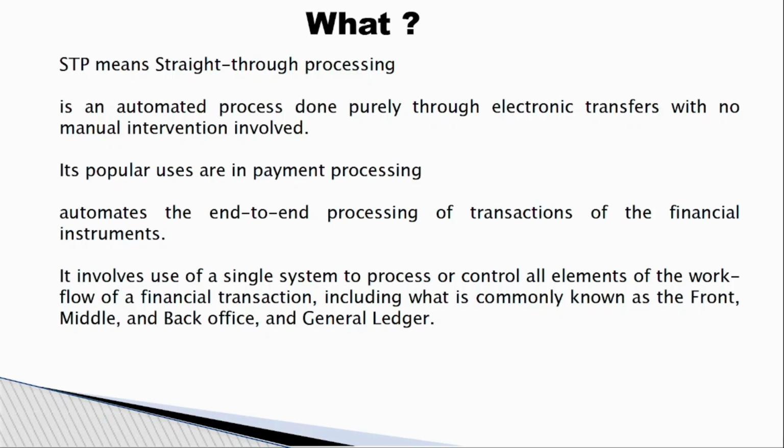From A to B directly money will be transferred, even though there may be a lot of intermediary banks or clearing houses, NPCI or any clearing house, all these are automated. Directly money will be transferred to the beneficiary account. So STP is used in payment processing and end-to-end processing of financial transactions, automated transactions.